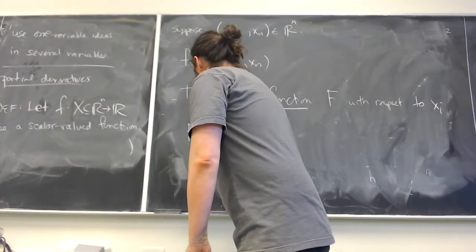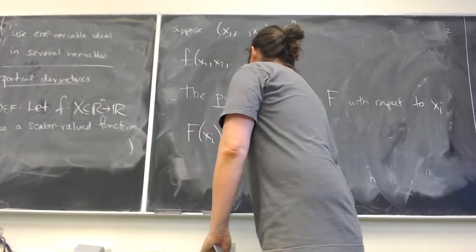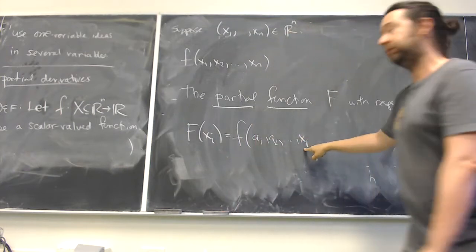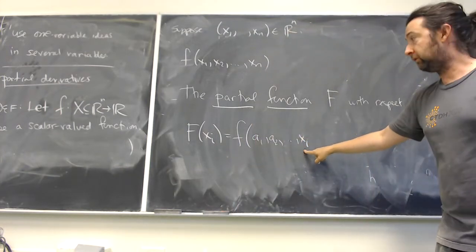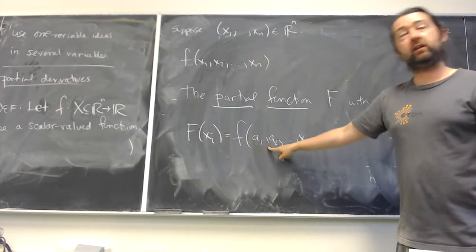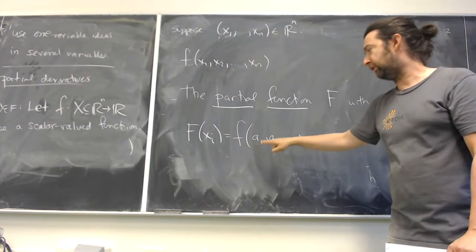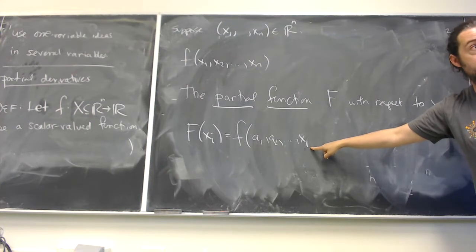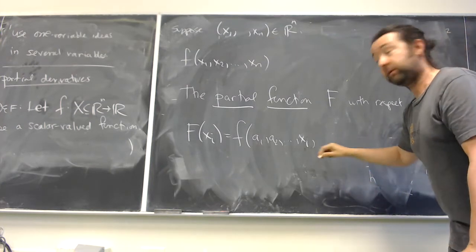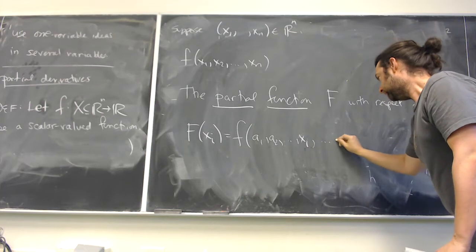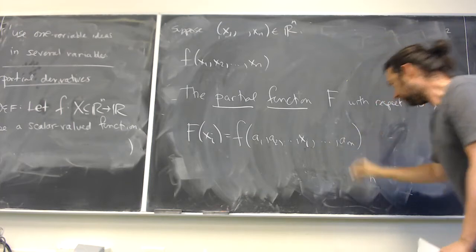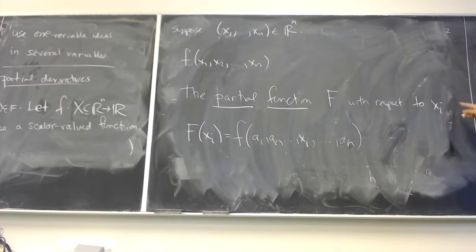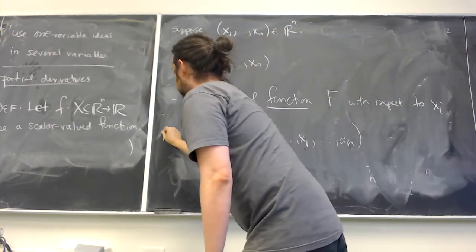F of xi is equal to f of a1, a2, up to, okay, xi I'm going to leave as a variable. What I'm doing here is I'm saying, put constants in, any constant you want, basically. Put constants in for every other entry except for xi, which stays a variable. Don't worry, I'm going to give examples of it. And okay, so the partial function f with respect to xi is this guy.